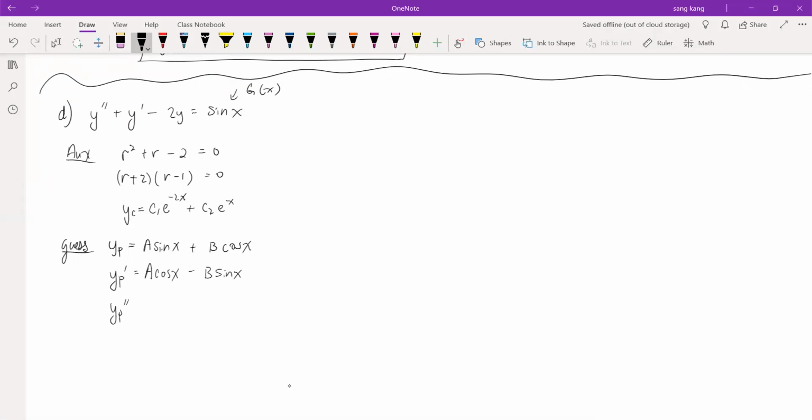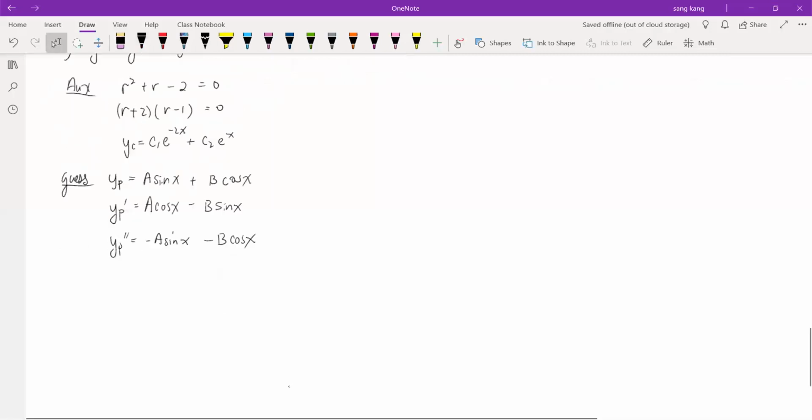So the second derivative will be negative a sine x minus b cosine x. Right, so now let's plug into the differential equation.